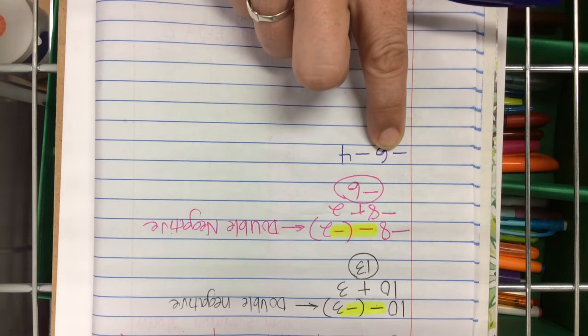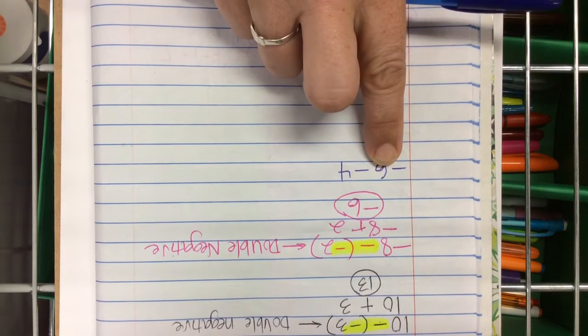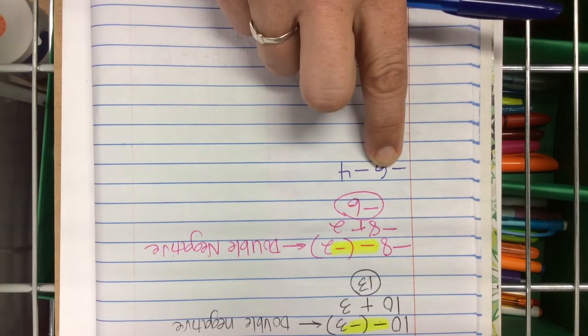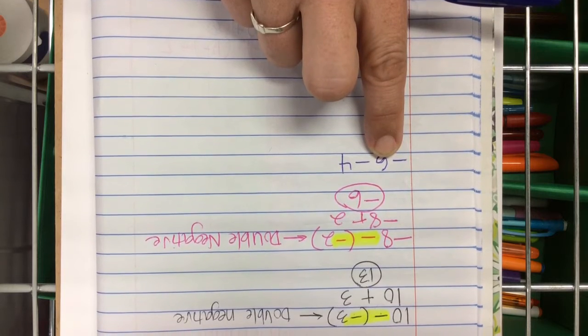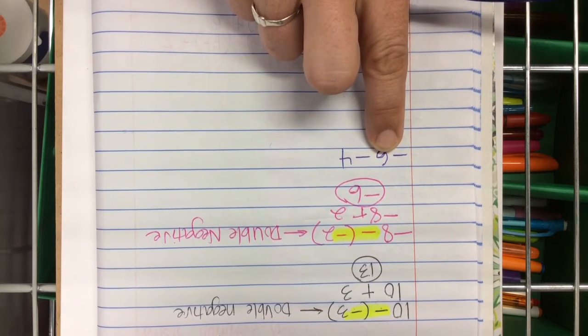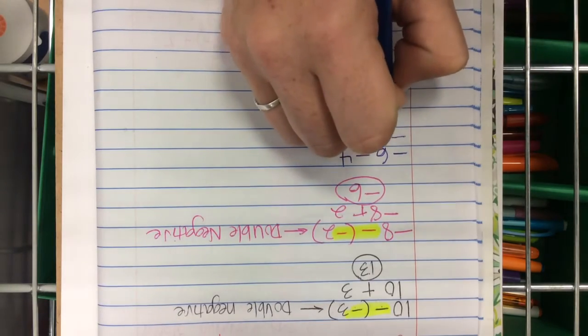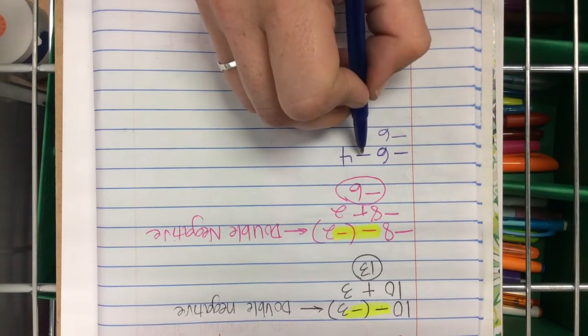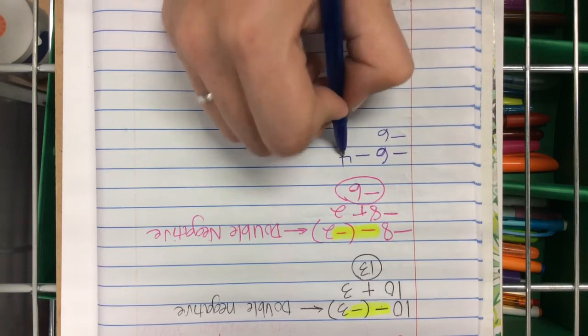So there are two ways of thinking of this. One way of thinking of this is like, forget it. I'm going to make it a plus problem no matter what. So I'm going to make it negative 6. And instead of minus 4, what's the same thing as minus 4?